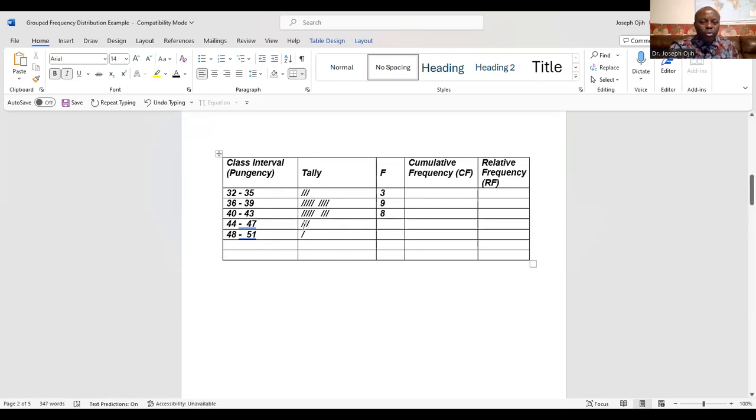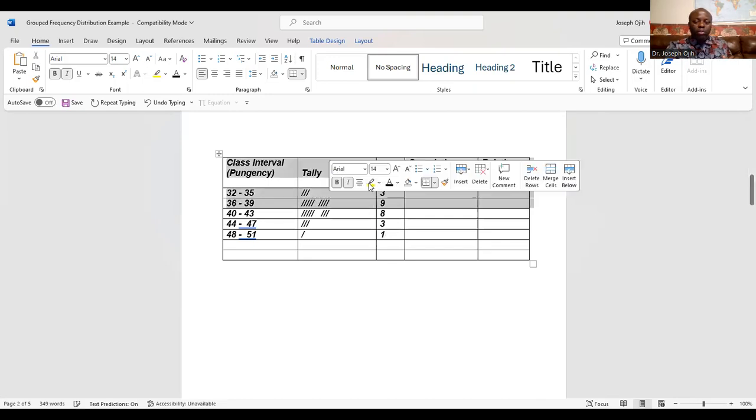This has 3 tallies. This one has 1 tally. So that is the frequency distribution right there: the class intervals and their corresponding frequency.